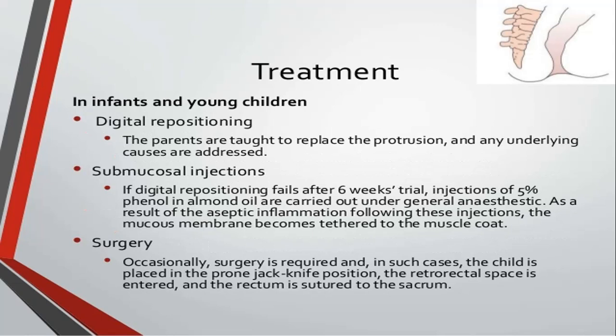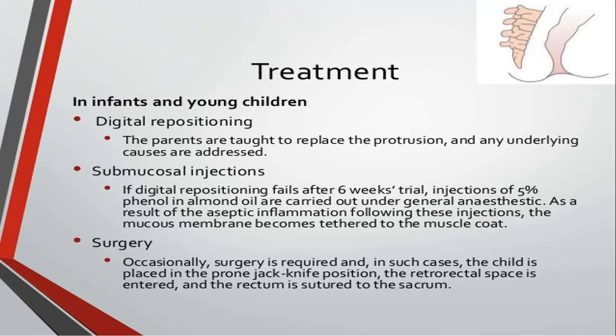In digital repositioning, the parents are taught to replace the protrusion and any underlying causes are addressed. If a child is malnourished, you can give good nutrition. You ask them to feed the child very well and to position the mucosa inner side.